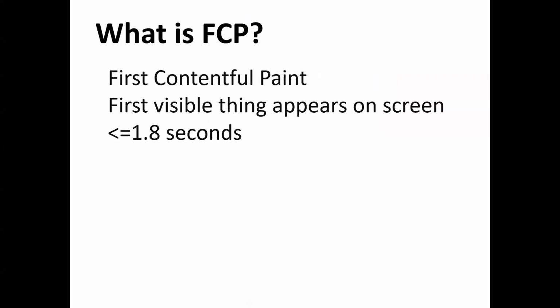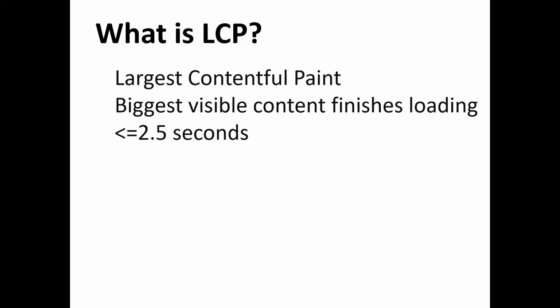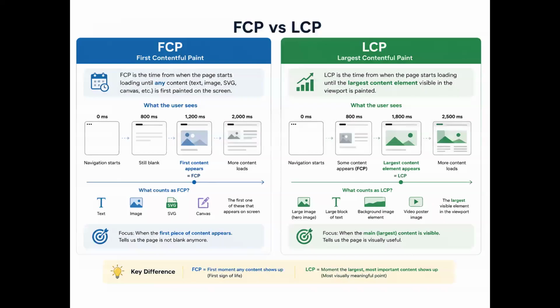So FCP, as I told you earlier, is First Contentful Paint. The first visible thing appears on the screen. A good website is one where FCP is less than or equal to 1.8 seconds. LCP is Largest Contentful Paint, where the biggest visible content finishes loading. A good website is one where LCP is less than or equal to 2.5 seconds.